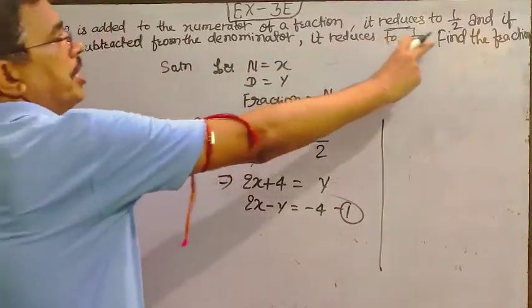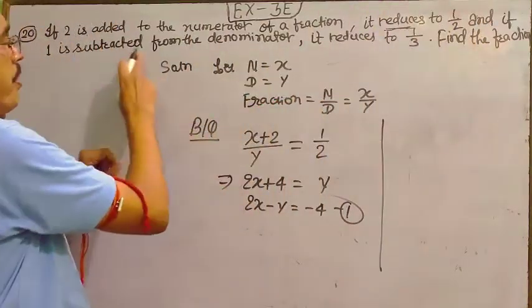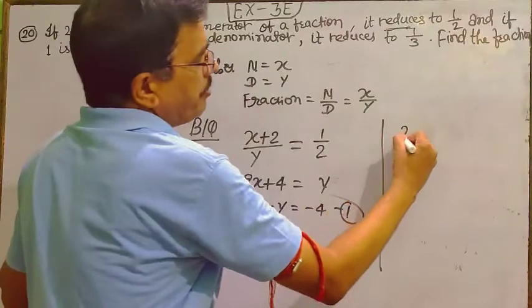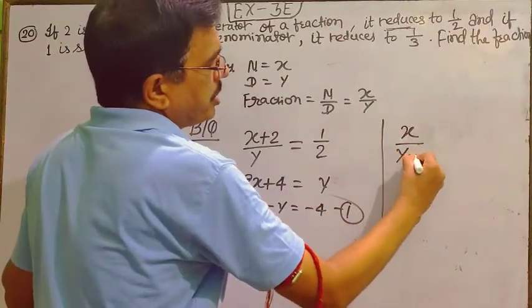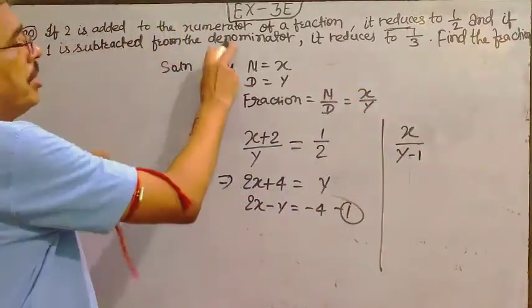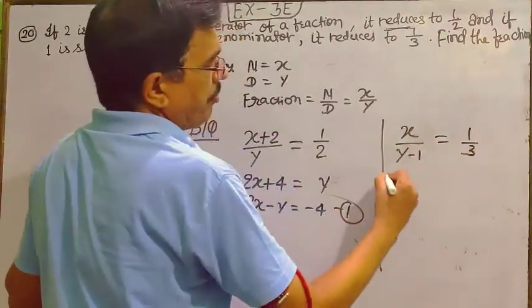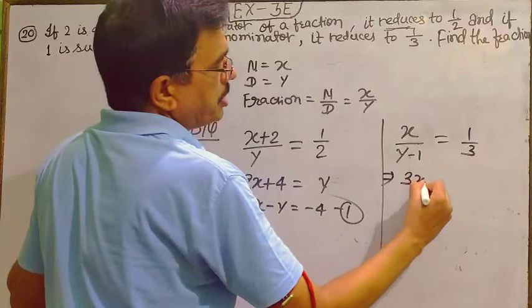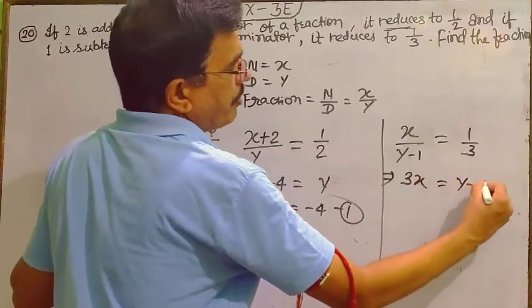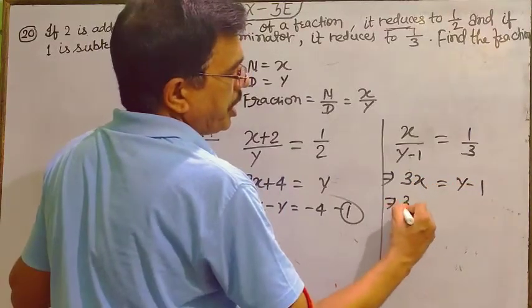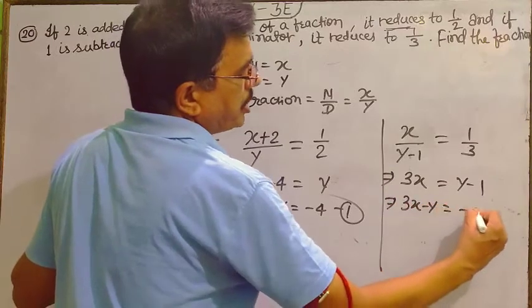Similarly, the second equation is what? If 1 is subtracted from the denominator, the fraction reduces to 1 by 3. By cross multiplication, it is 3x is equal to y minus 1, that is 3x minus y is equal to minus 1.